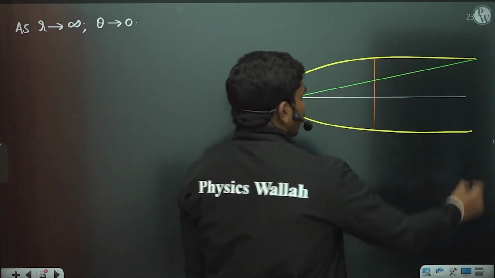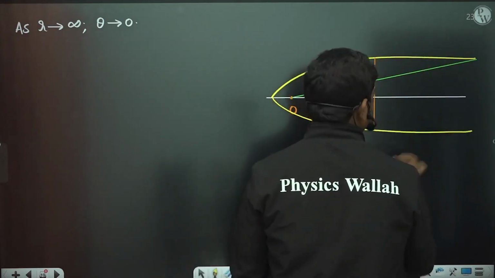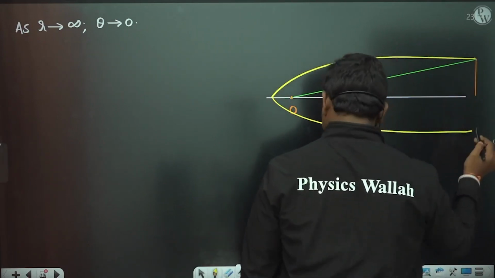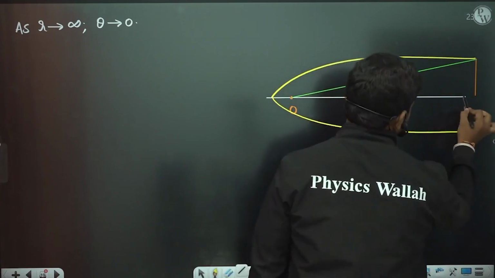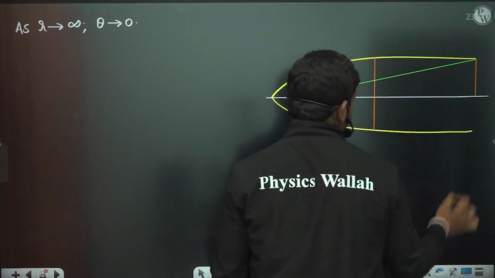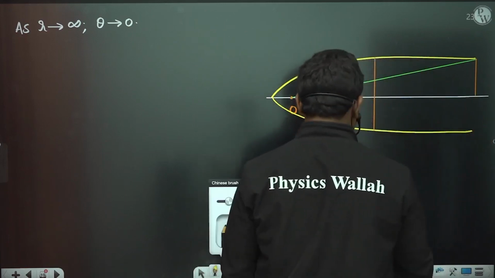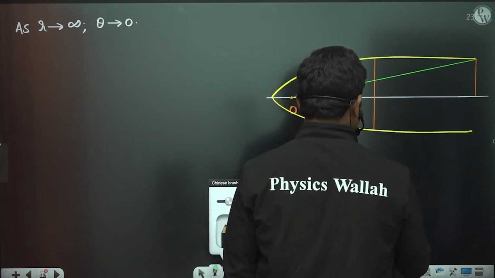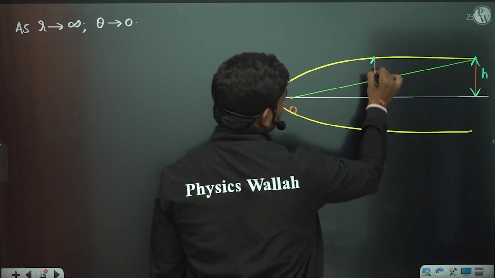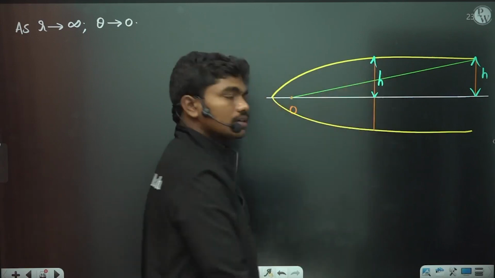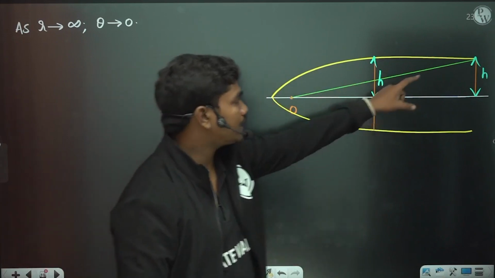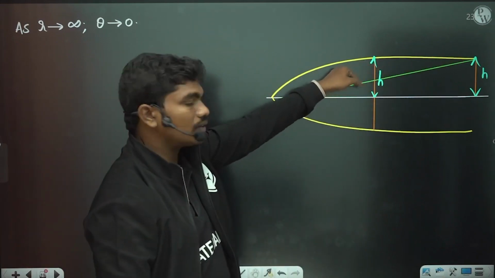Then at this location, if I say this height is for example h, then definitely this height will also be h. Correct? Yes or no? Please type in the chat box. If this height is h, since this height is not changing, this will also be h.